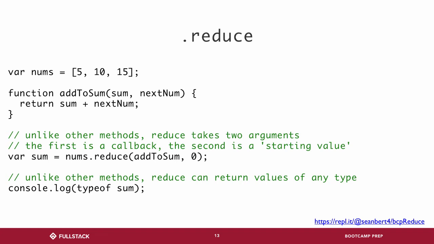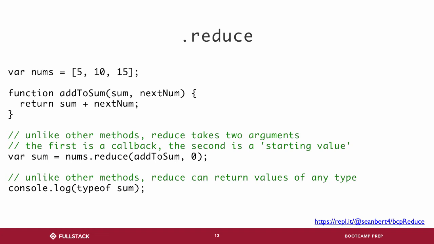And one thing to note is if you don't give it this one, technically it's optional, in the fact that if you don't give it this start value, just the callback, it'll have the first element in your array be that start value that you're accumulating on, but it'll start the iteration of the callback on the second one, at index 1. So if you want to do some things before you accumulate, like condense the values, you want to make sure that you give it a start value so it does it on that first element as well.